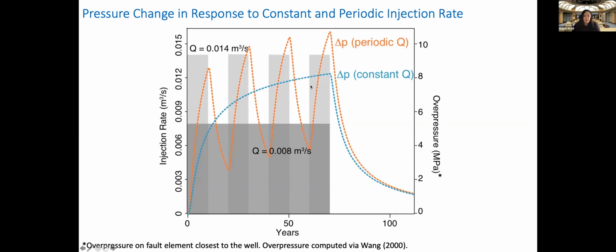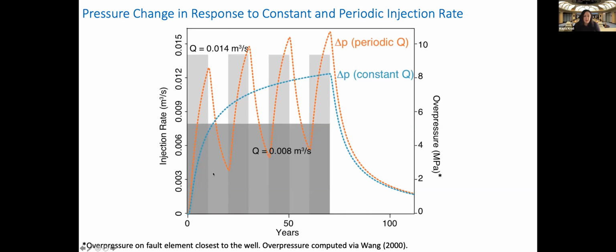He did that with a relatively simplified earthquake rate model, but here I'll show some examples of a similar problem, comparing the results from a simulation with RSQSim, where we hold all other parameters constant and only vary the injection rate. We compare a case with constant injection rate, shown by this gray block here, to another simulation with periods of injection followed by shut-in.